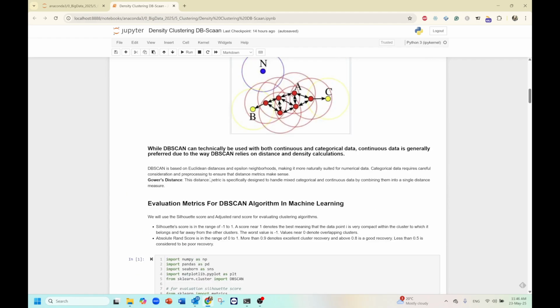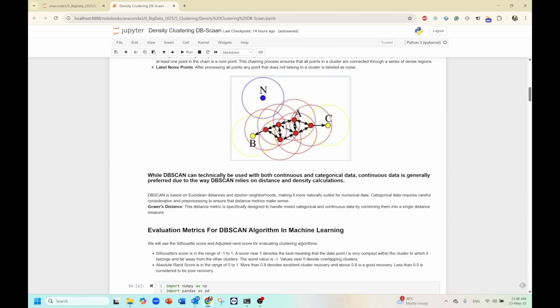I want to say that the default distance used in DBSCAN is Euclidean distance, and this distance is used only for continuous variables. If your data set consists of mixed variables, categorical and numeric, then you need to incorporate an appropriate distance measure.